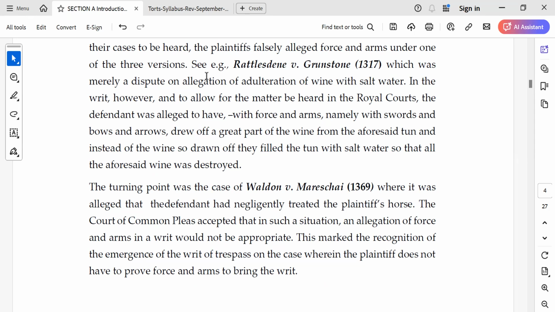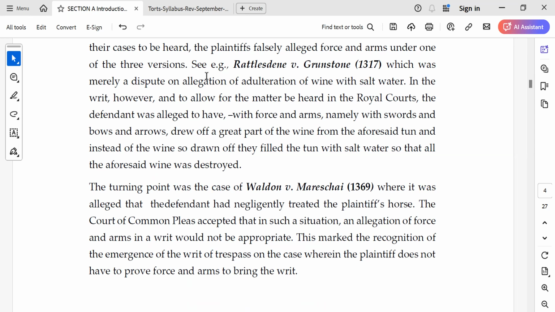Another case, the turning point, was the case of Walden versus Maris Shai, 1369, where it was alleged that the defendant had negligently treated the plaintiff's horse.